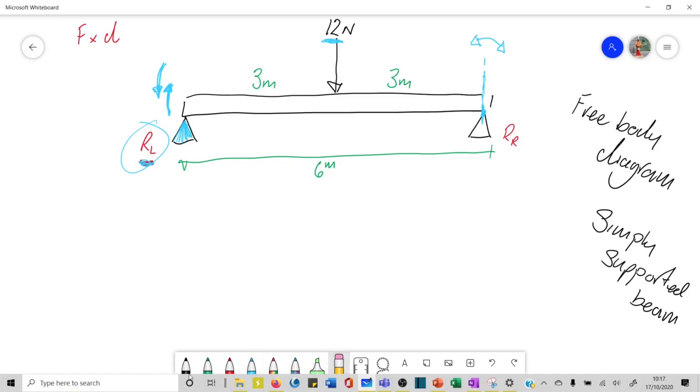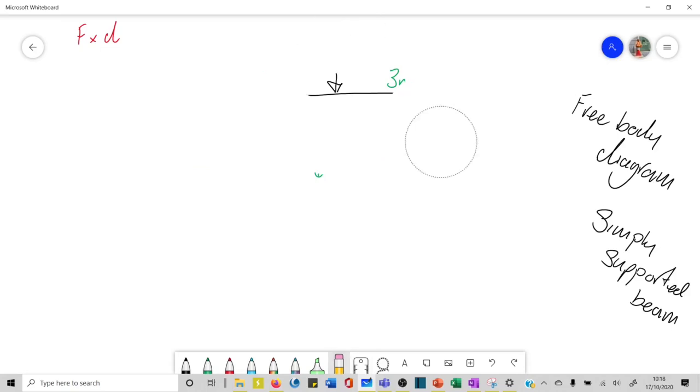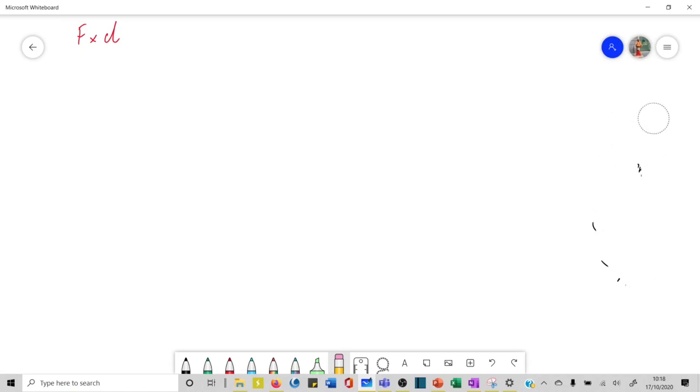Now, let's just get rid of some of this. In fact, how about I just rewrite the whole thing again? Come on. And let's make it nice and clear. I'm sure there's a quick way of doing this on this tablet, but I haven't found it yet.